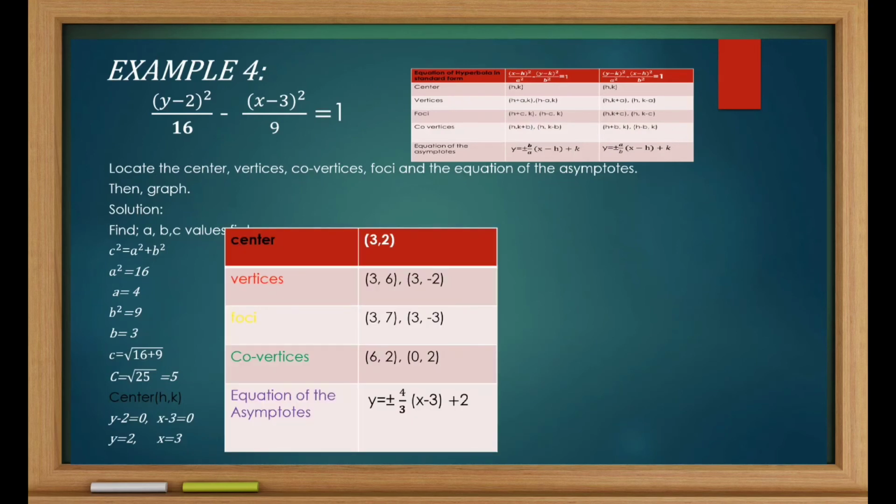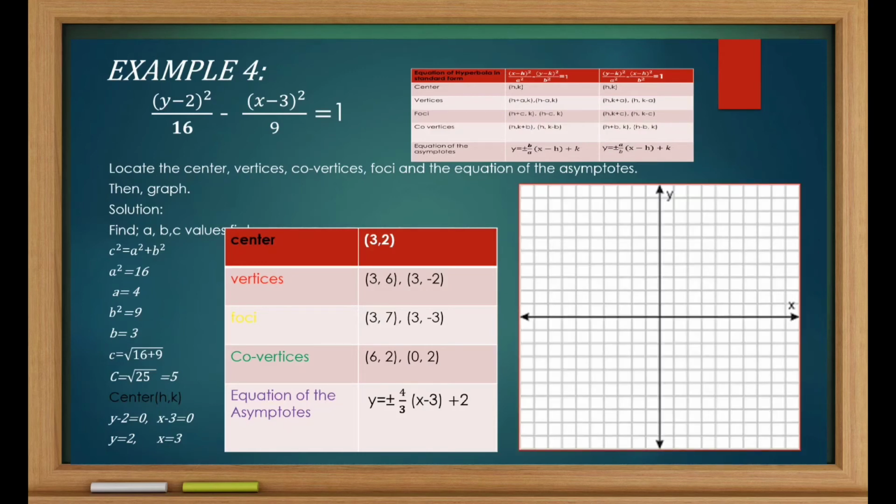Then, make a table. The center is at h, k, so 3, 2. Then the vertices, the foci, the co-vertices, and the equation of the asymptotes. Then using the Cartesian coordinate plane, we will graph these values. We have here the center, the vertices, the foci, then the co-vertices using the central rectangle.